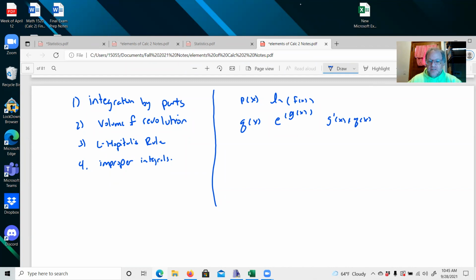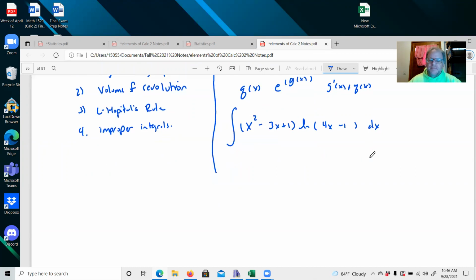So let's see what we could do with that. What if we did a polynomial like x squared minus 3x plus 1 times the natural log of, say, 4x minus 1, and we want to integrate that, leaving it as an indefinite integral. This is polynomial times logarithmic, so we're going to have to do integration by parts.